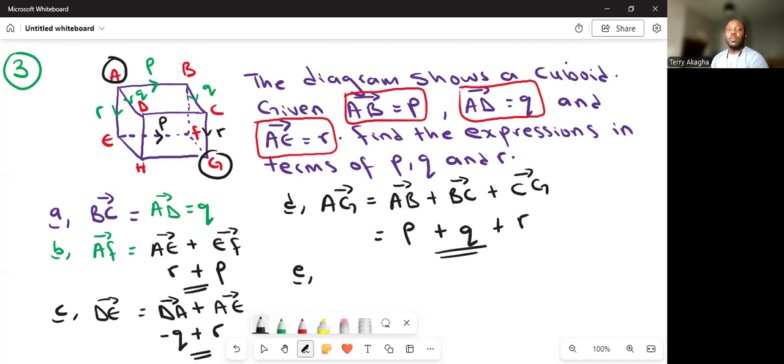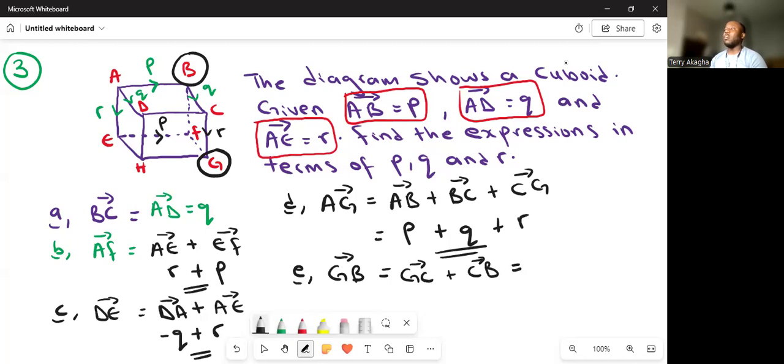All right, so E, let's pick another one. Let's say GB. Okay, GB. I want to move from G and I want to stop at B. So GB is going to be G to C, so I move from G to C. Then I move from C to B. Are you seeing it?